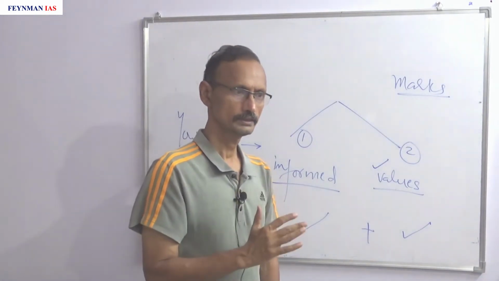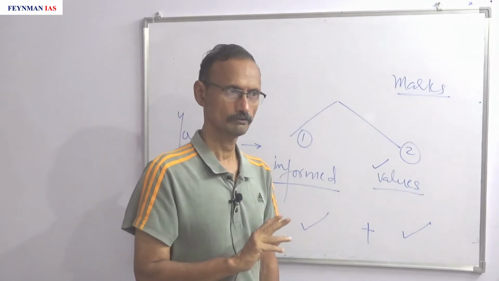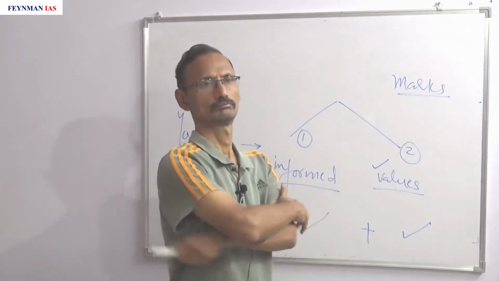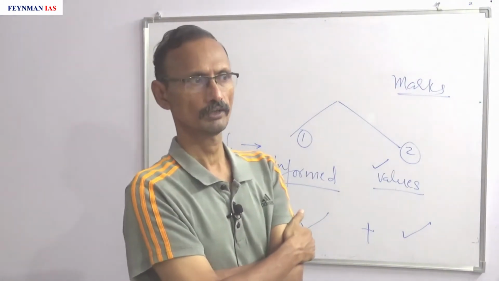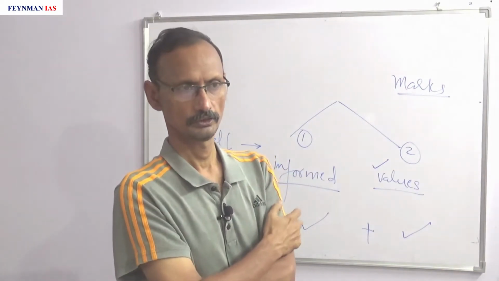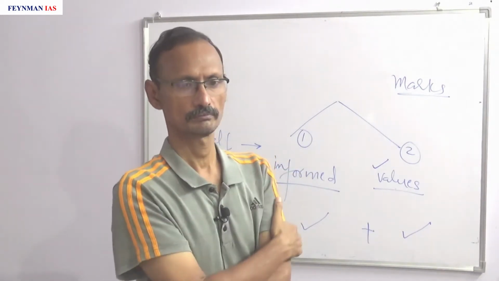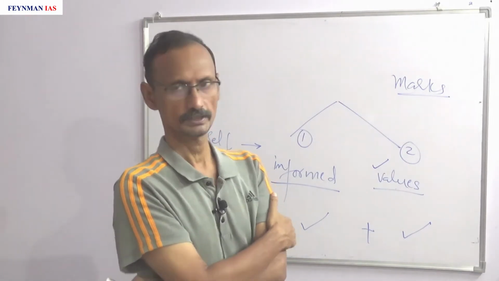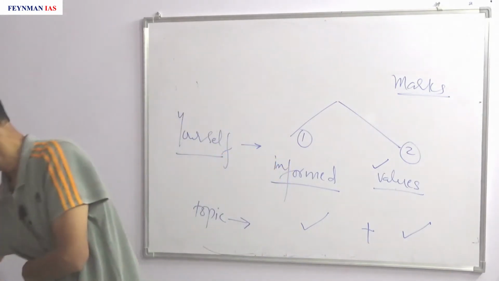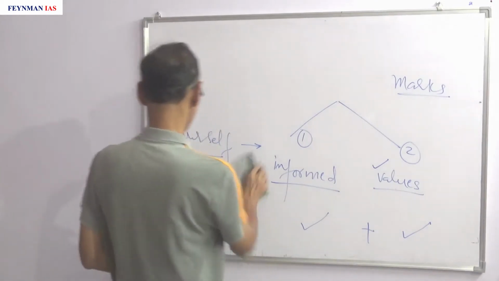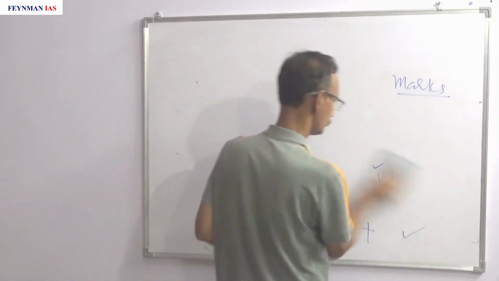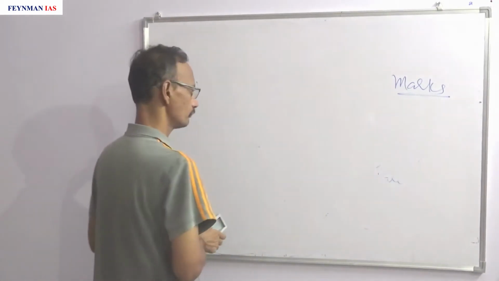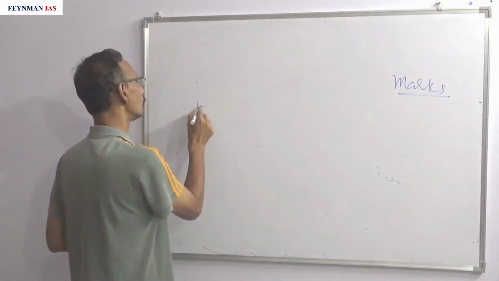There are 8 questions, out of which you have to choose 2, 1 out of every 4. Which will you choose? I would say you choose a topic in which you have first knowledge.